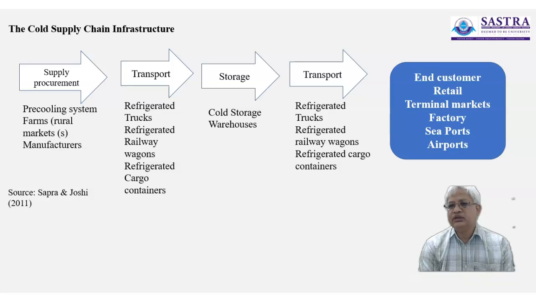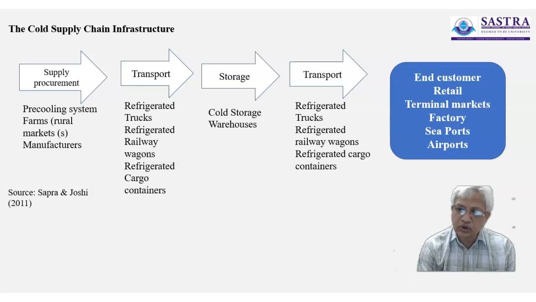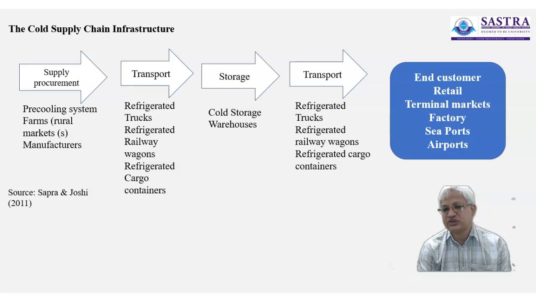So the list that is given here for end customer, retail, terminal, factory, seaports and airports, this is considered both for domestic as well as international markets. So cold chain infrastructure is being presented to all of you in perspectives of both domestic as well as international logistics.